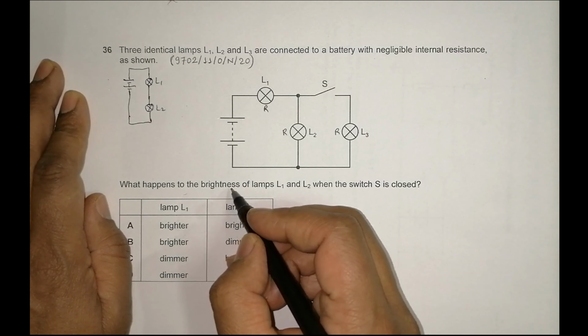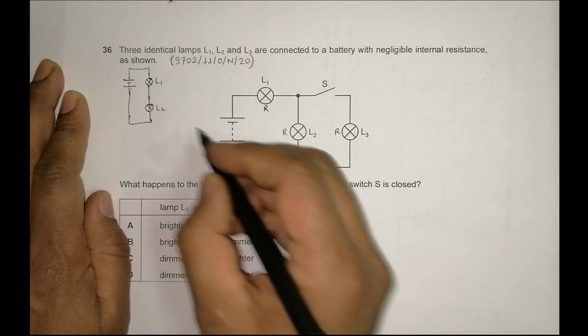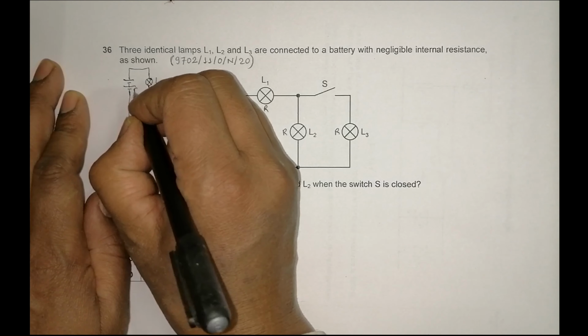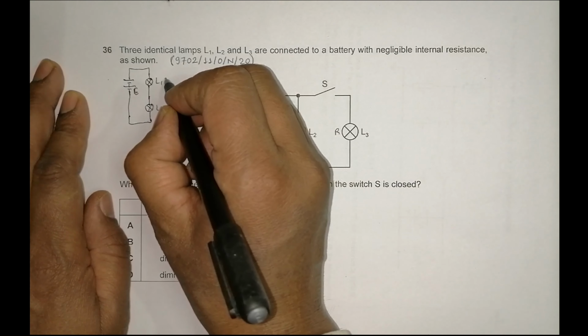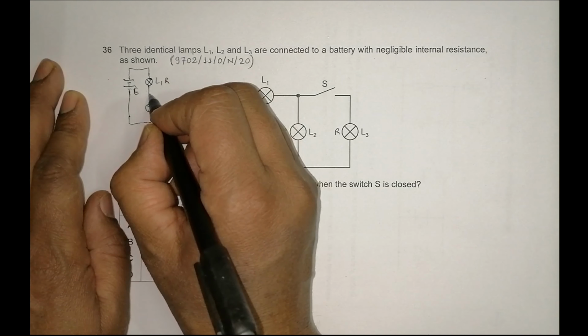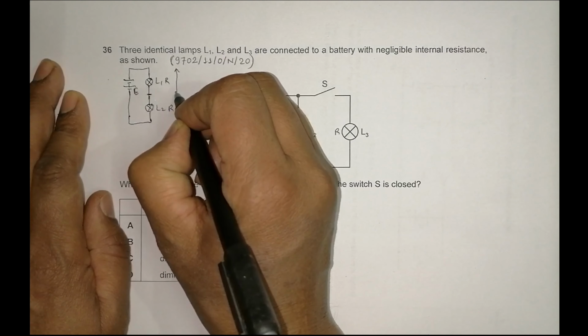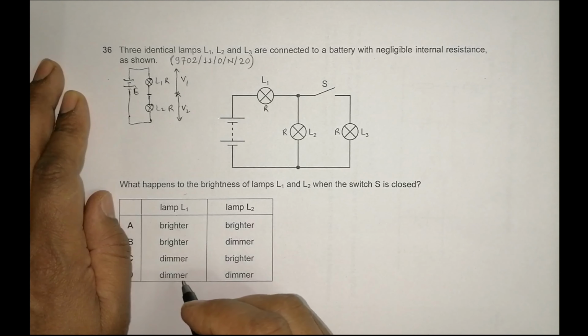To know the brightness, I have to know how much power it is consuming, power 1 and power 2. So for that I require, this is E, its resistance is R, and its resistance is R. So first let me find the potential difference here and the potential difference here. This is V2, this is V1.